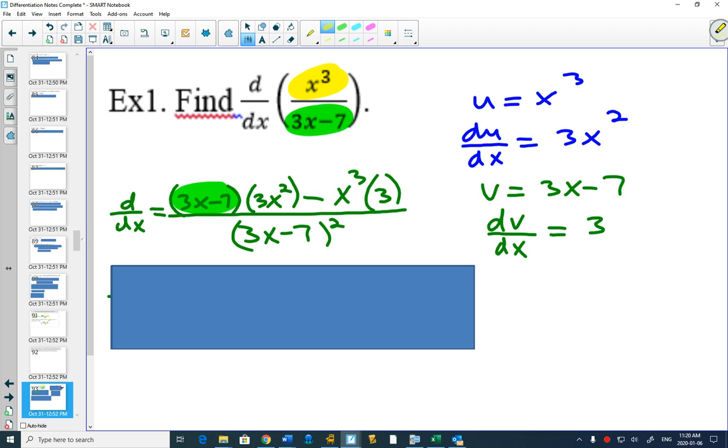Then, there we kept the top the same, multiplied by the derivative of the bottom, all divided by whatever was on the bottom gets squared. And 99% of the time, well, it might be 97% of the time, you can just leave your answer unsimplified, just like that. That's perfect.